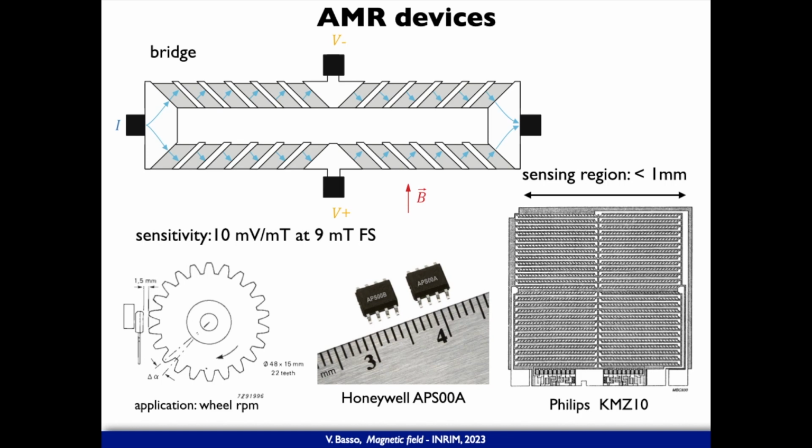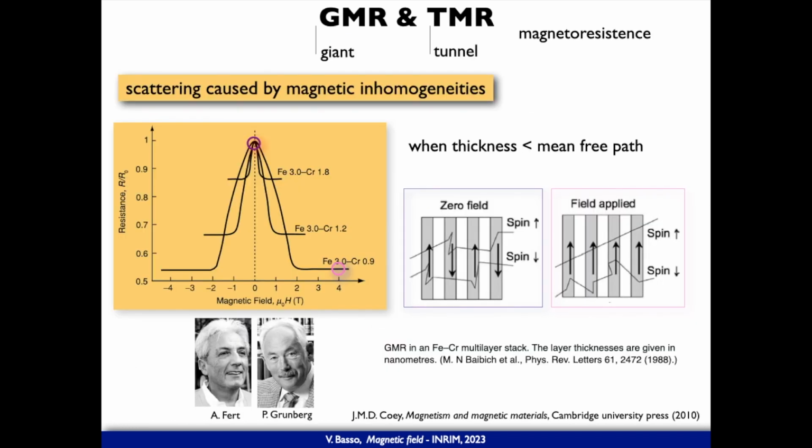Well, the sensing region is very large, so if one would like to have a smaller sensing region, then one would like to use some other sensor.